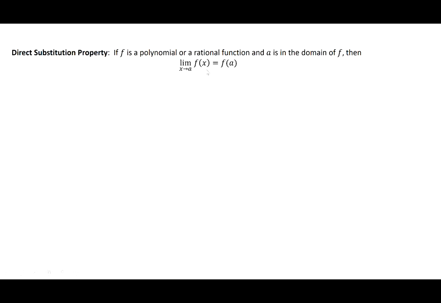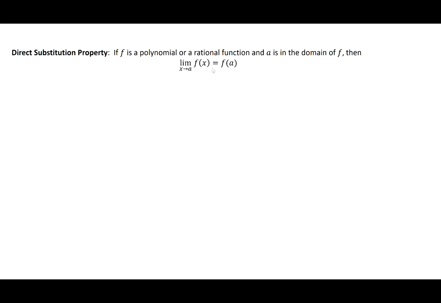In some cases, like if f is a polynomial or a rational function, you've got to be careful. a must be in the domain. The idea there being, if you have a rational function and when you plug in a, the denominator goes to 0, well, that could not be, the function is undefined at that a, and so that a value cannot be in the domain of the function f.